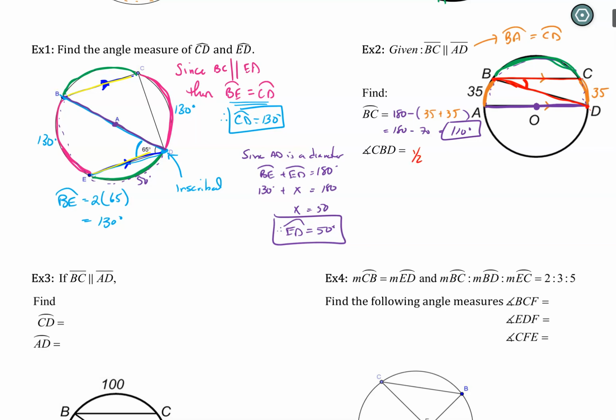That's going to be half of its intercepted arc, which in this case is arc CD, because that's where it intercepts, the distance between those two points, C and D. We know CD already. It's 35. So one half of 35 gets me 17.5 degrees for the angle measure.